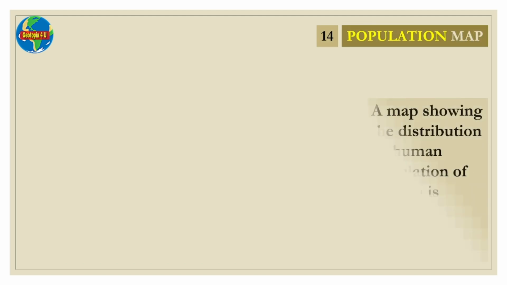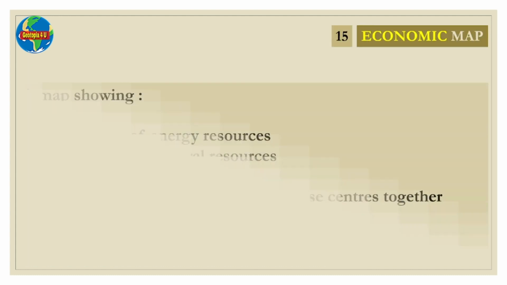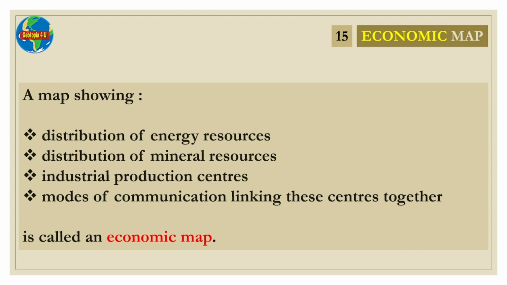Number 14. Population map. A map showing the distribution of human population of an area is called a population map. Number 15. Economic map. A map showing distribution of energy resources, distribution of mineral resources, and industrial production centers, and the modes of communication linking these centers together is called an economic map.